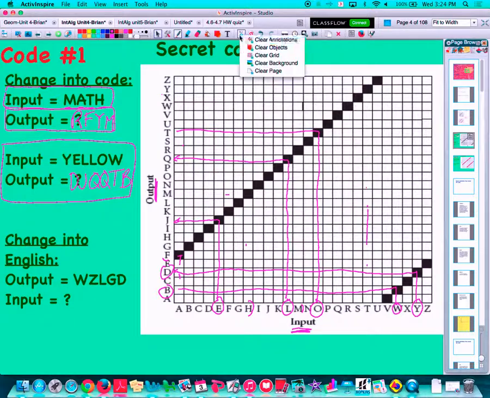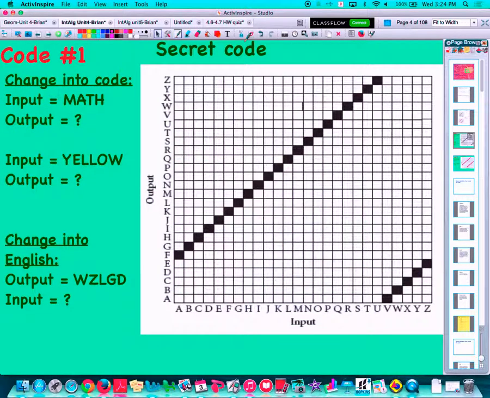All right, the last of the examples for code number 1 here is going to be down on the bottom. So you can write this one also next to code number 1. Notice the output is given to us. So instead of an input, we have the output. What you see here is a code word. It's not supposed to make sense, but if we were able to decode it, we should be able to figure out what word that goes with.